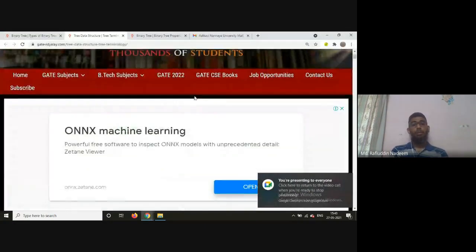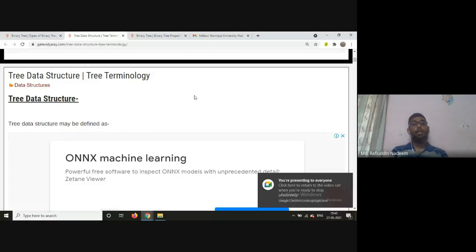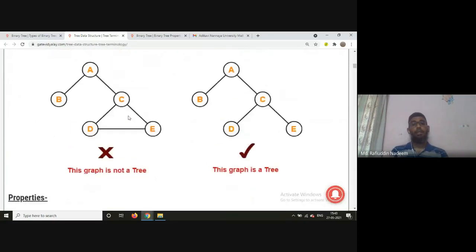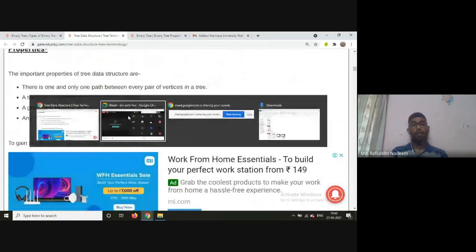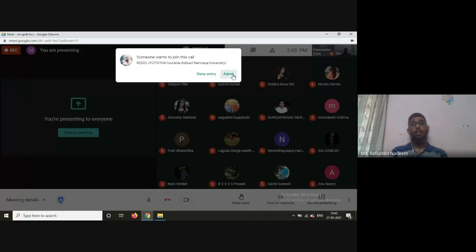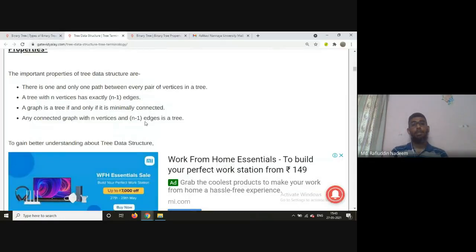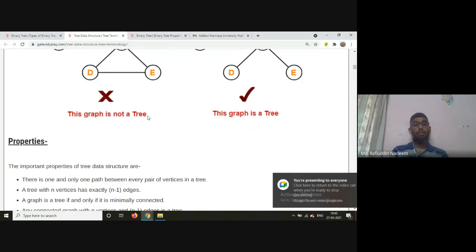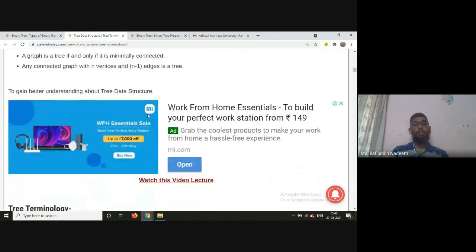If I talk about the last class, we discussed the trees and the different types of trees we have. We mainly focused that a tree is a graph which does not have any circuit or cycle. Then we discussed the various properties of the trees.